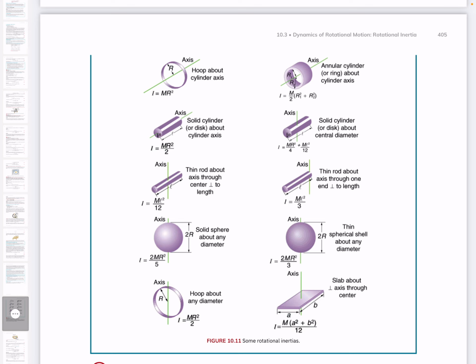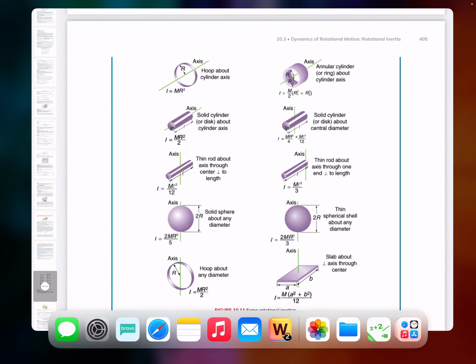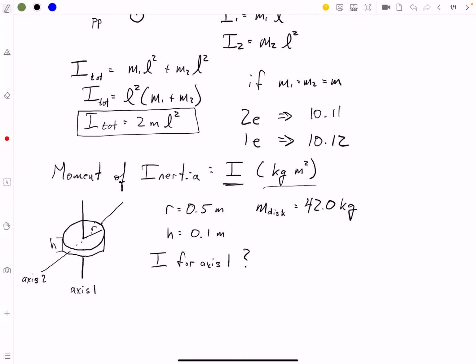It's the solid cylinder or disk about the cylinder's axis. Okay, that's the one that we're using. So we're going to say I equals 1/2 mass of the disk times its radius squared.